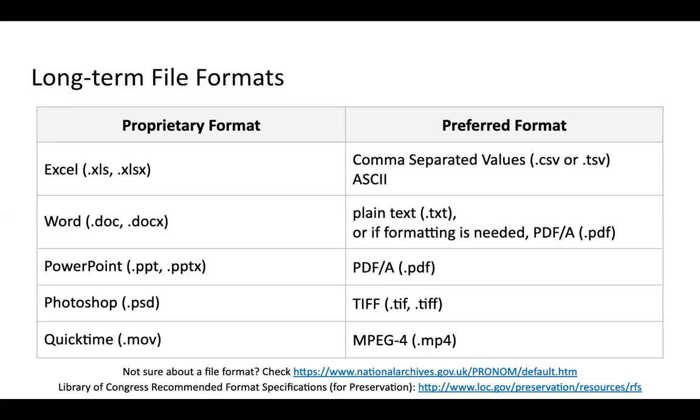So in the best case, your data file should be both non-proprietary or open, unencrypted and uncompressed. And the table on this slide shows examples of preferred open formats for data. So when you're preparing to publish or share your data, transform files to preferred formats to allow for increased accessibility.